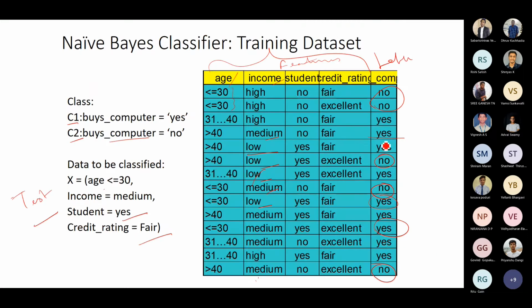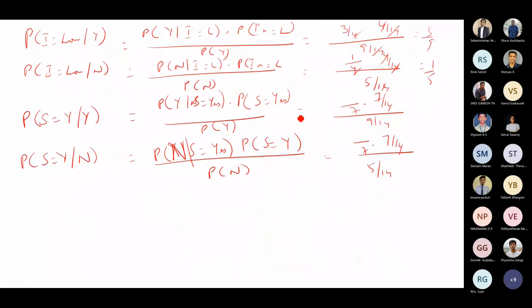So this yes, I have 1 yes here, and 2 yes, 3, 4, 5, 6 yeses, and 1 no. So this is 6 by 7 and this is 1 by 7. So that comes to 6 by 9 here. This comes to 1 by 5 here.